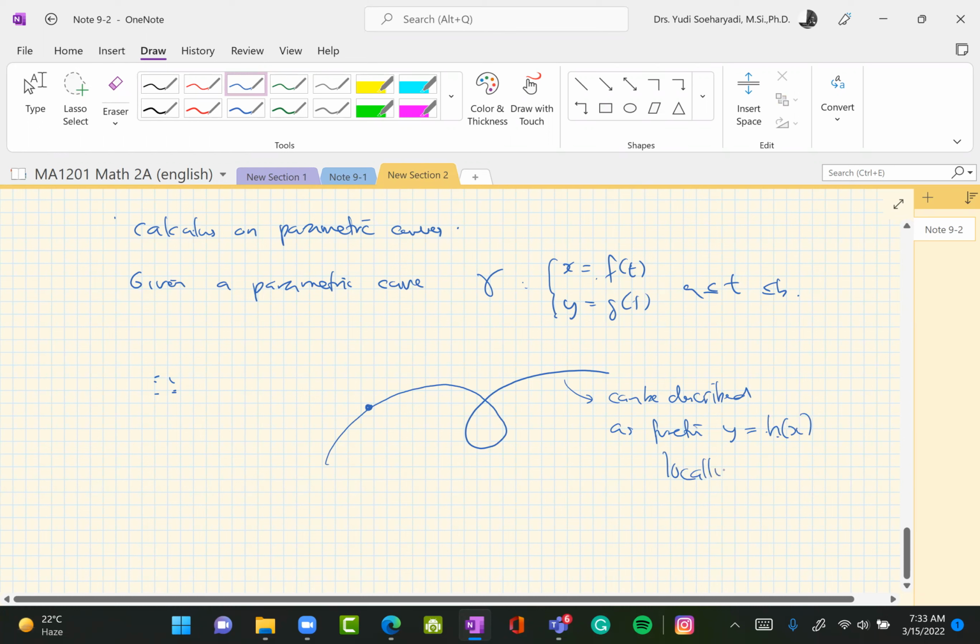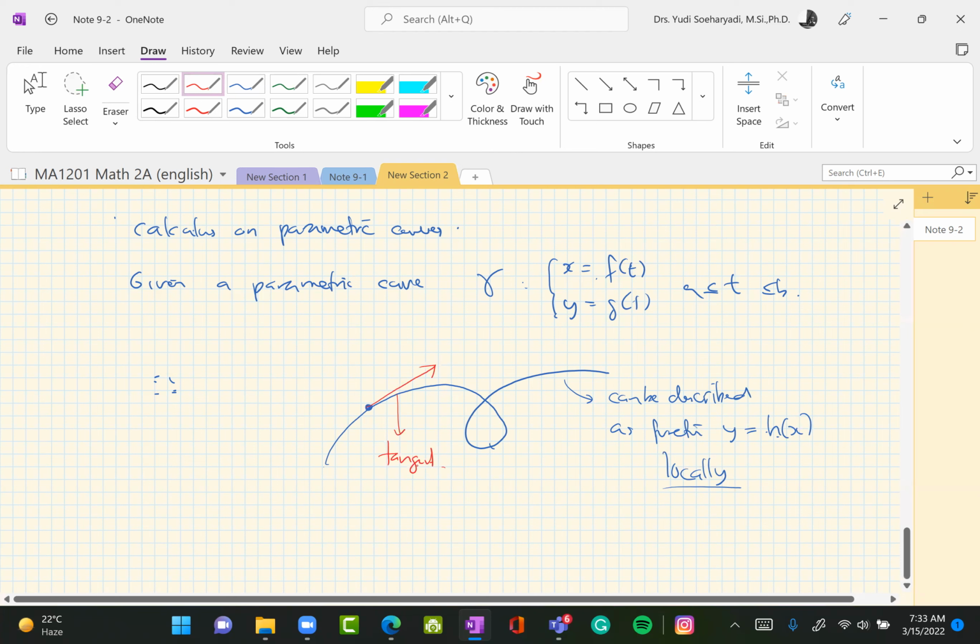What means locally? At least piecewise, because you can describe this as a function up to this point. Then again, you can describe this as a function at this point. At least you need two functions to describe this shape. That means local. Okay, and you would find some like a tangent of this curve at this point.